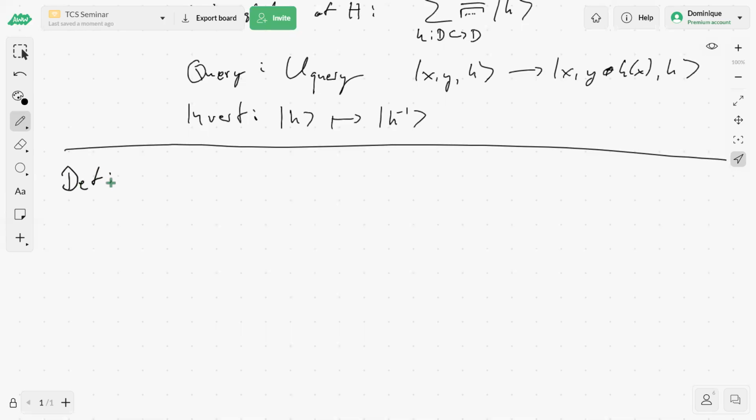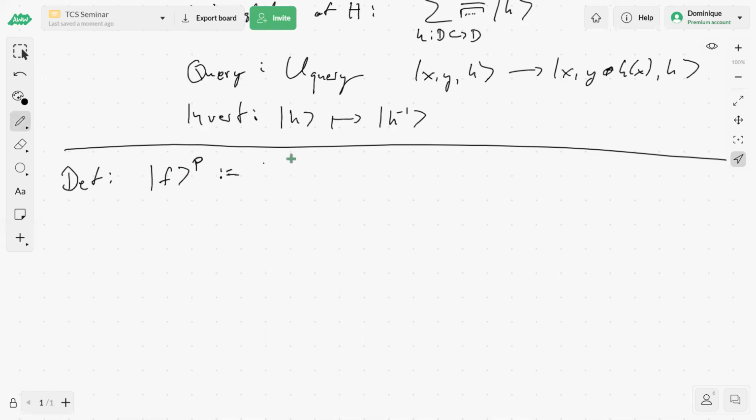And now the next step in our approach was that we defined these states that are superpositions of h's up to a certain constraint. So we had defined this f earlier, but now I define a state f_p, where p stands for permutation.